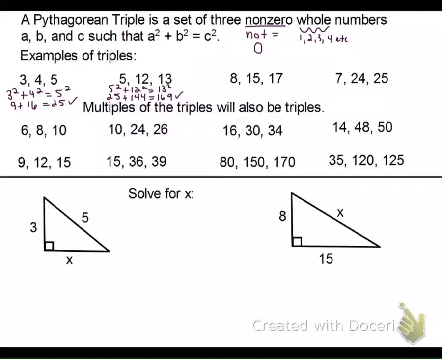Because you multiply those by 2. Yeah, this multiplies 3, 4, 5 by 2. That's why it's part of the 3, 4, 5 family, because they are multiples of 2 of that. So 10, 24, 26 is multiples of 2 of the 5, 12, 13 family. And you can multiply by other things besides 2.